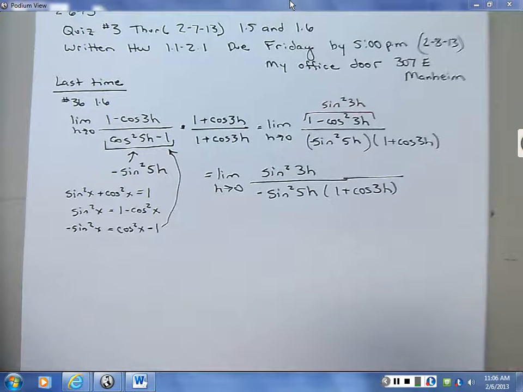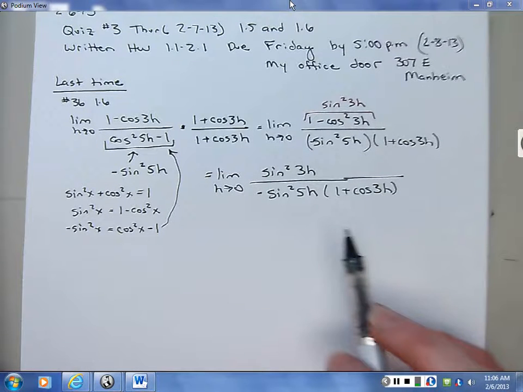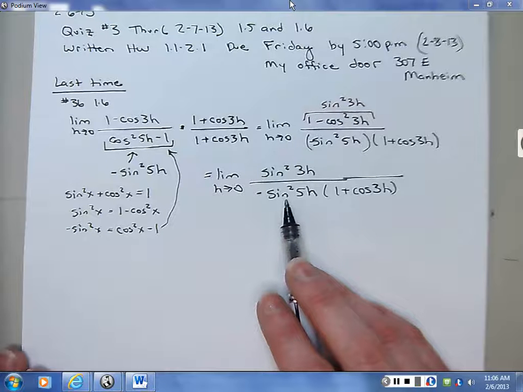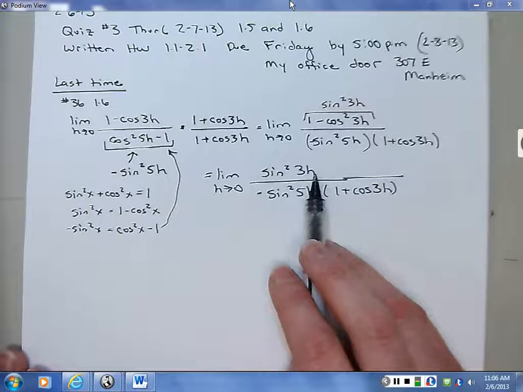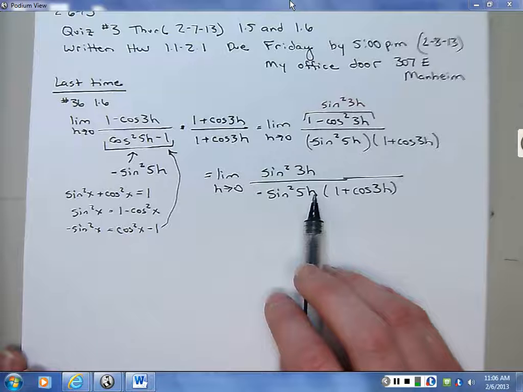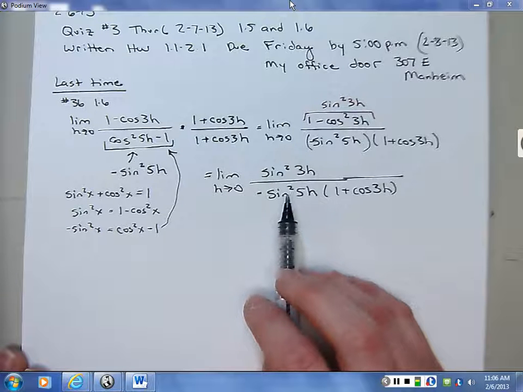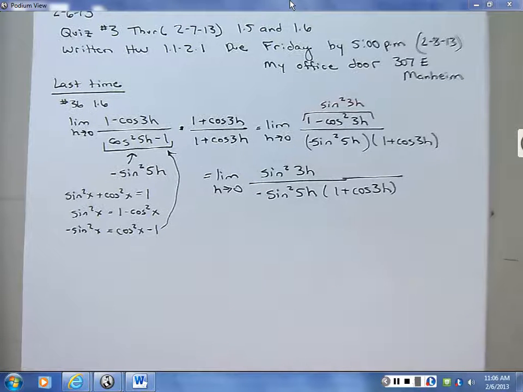So I don't have to worry about canceling that out. And I need to know how to deal with this sine. Sine squared of 3h divided by sine squared of 5h. I could rewrite that as sine of 3h divided by sine of 5h quantity squared. Right? If I have a squared over b squared, I could write that as a over b squared.